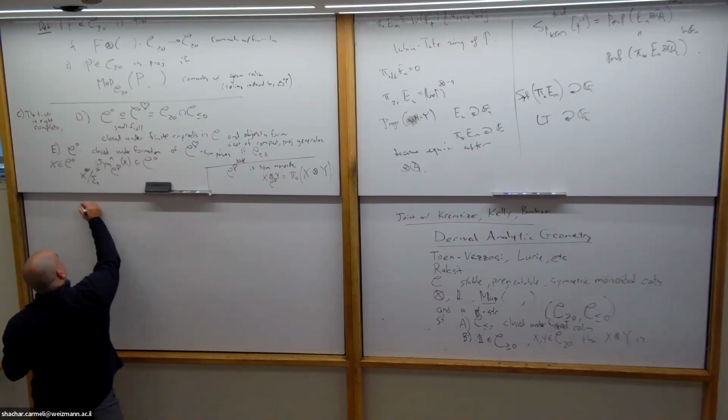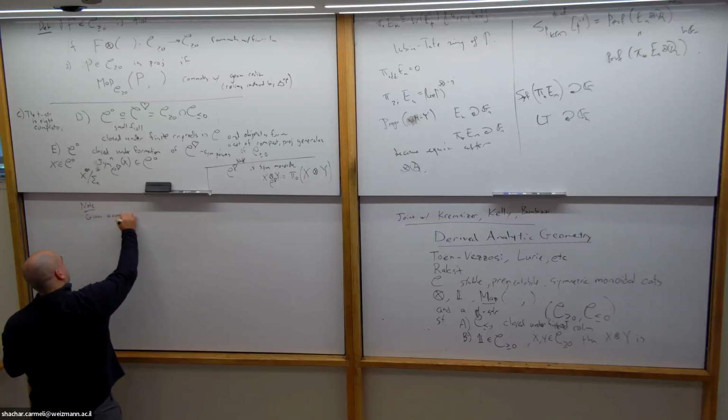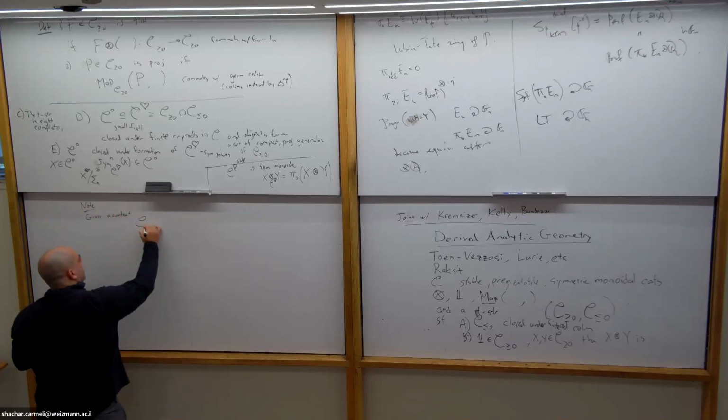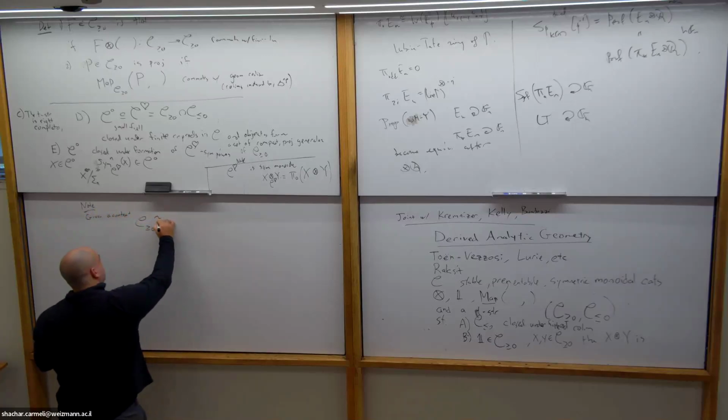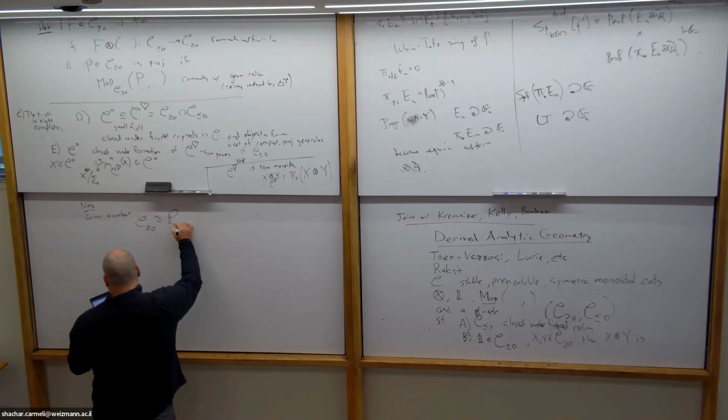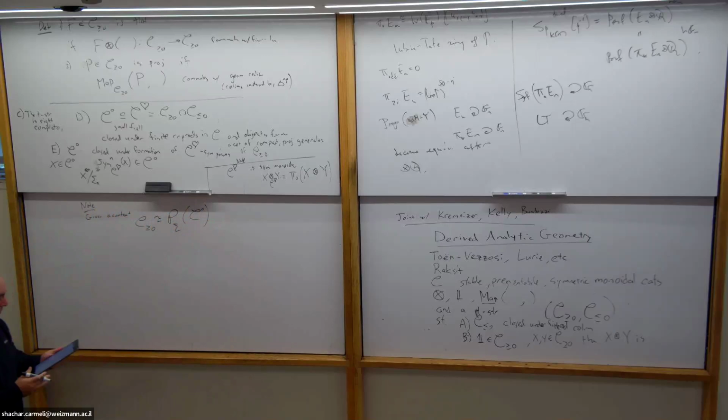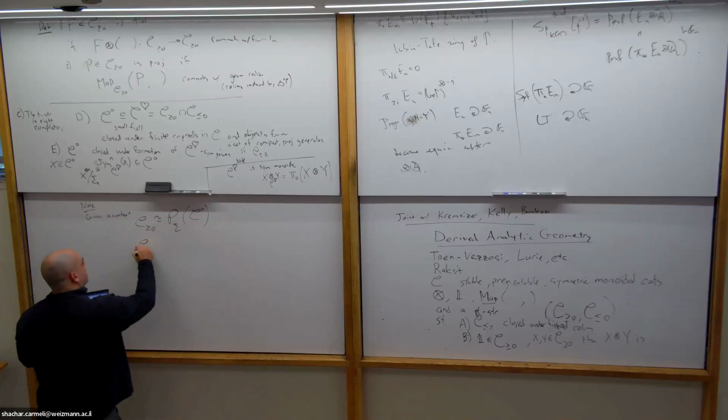Given a context, it's always true that C≥0 is P_Σ of C₀, the product-preserving functors from C₀ to spaces, and C is Stab of C≥0.